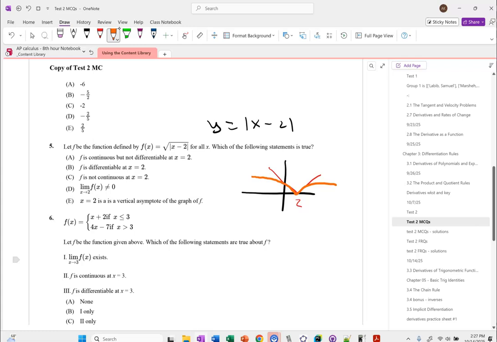So if I just observe those two things, it's got to be A. Does that feel okay? Yeah, thank you. Again, the picture says so much. If you just notice that there's a V and it's absolute value, so it's positive, the square root doesn't really do anything to get rid of the V.